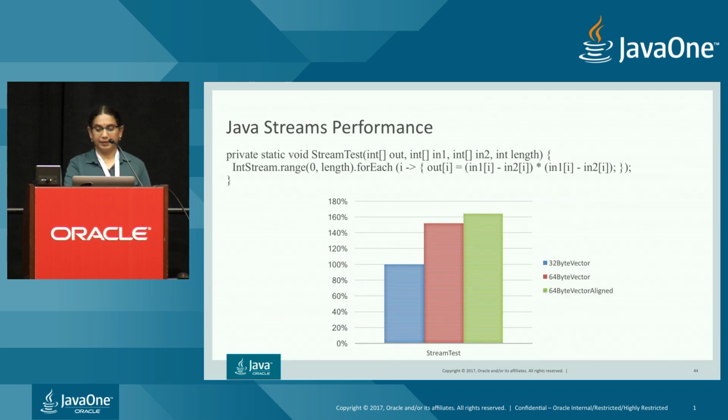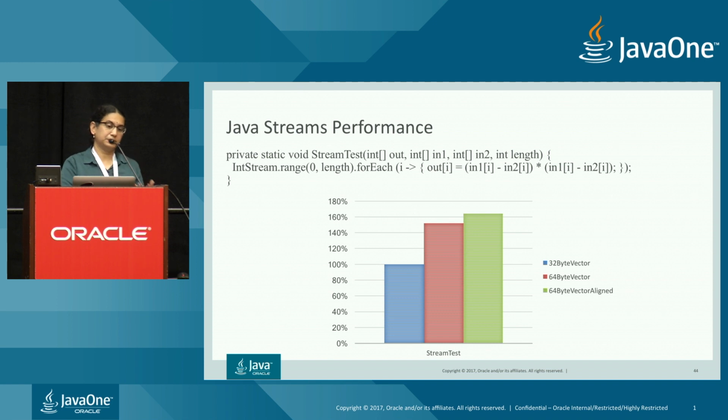So the auto-vectorization not only benefits the classic Java code, but it also helps streams that were introduced in JDK 8. Here there is a lambda, which is a somewhat more complex expression than the previous example, and this lambda gets auto-vectorized.